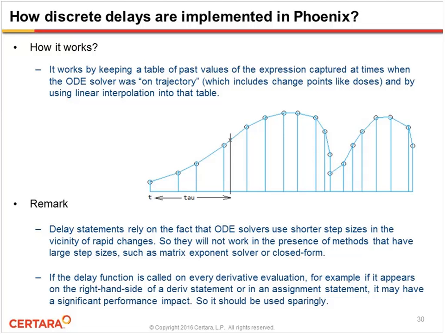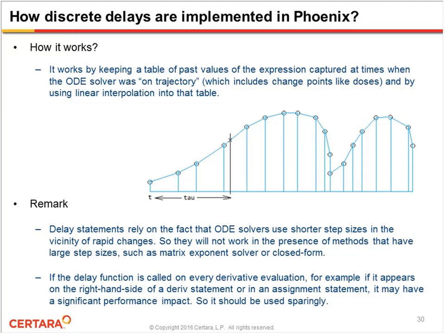Basically, here's the simple discrete delay. We just keep a history of past values of the variable that we're going to take the history of, and here it's shown in reverse time order. So time 0 is on the left, and we have something that's going up and then down, and then there's another dose, and it comes down again.